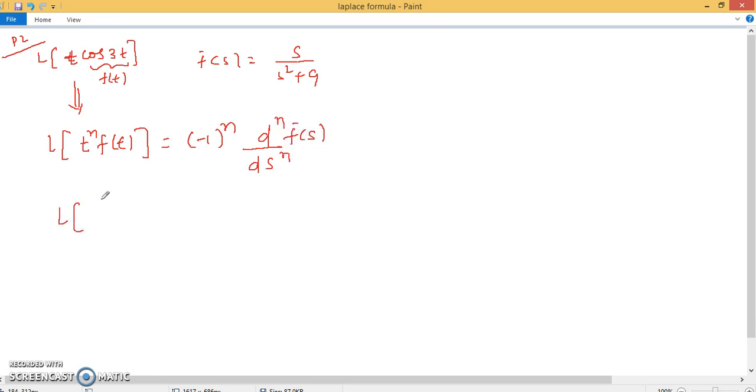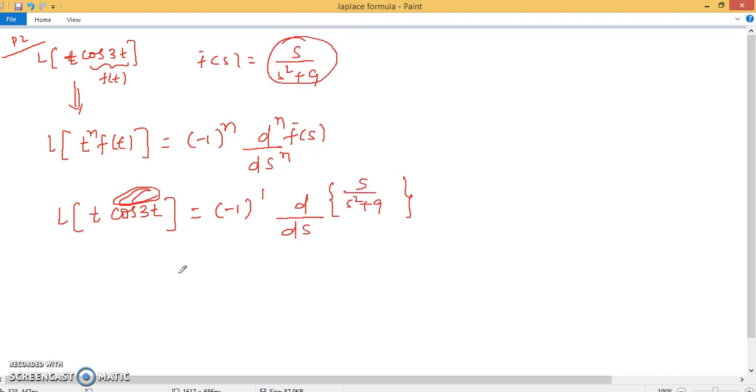So here the Laplace is of t into cos of 3t, so minus 1 to the power of n, where n is 1. You have to differentiate 1 time with respect to s. Which function do you differentiate? The Laplace of cos of 3t, which we already found: s by s square plus 9.